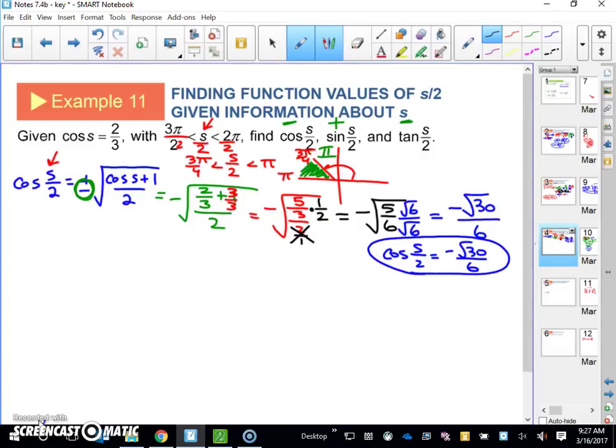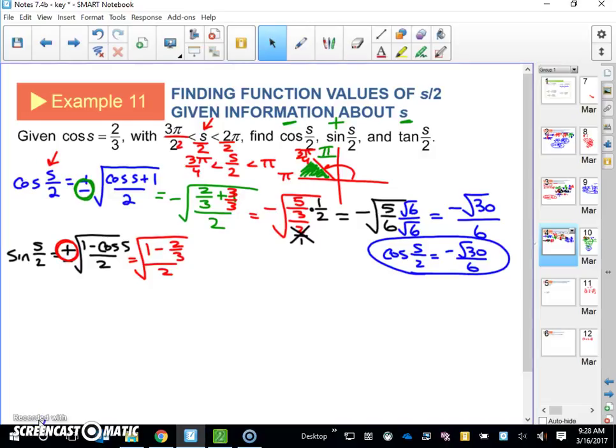So then let's look at sine s over 2. Normally that's going to be plus or minus the square root of 1 minus cosine s over 2. But because I know we're in the second quadrant, sine is going to be the positive version. So we're going to do pretty much the same thing. We've got positive square root of 1 minus cosine s, which was 2/3, all over 2.